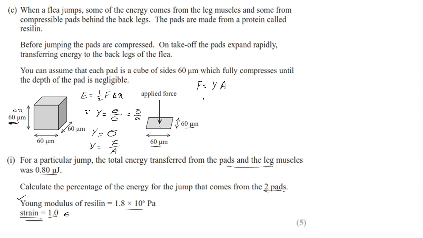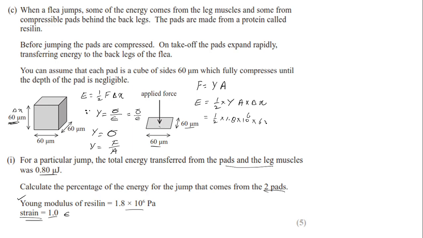So energy stored E is equal to half of F. F is Young modulus into area, into delta X. Now substitute the values. So half of Y, which is 1.8 into 10 to the power 6, into area. Area is 60 into 60 micro. Don't forget micros here.